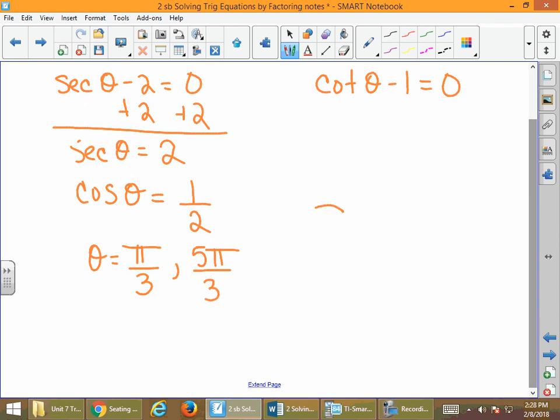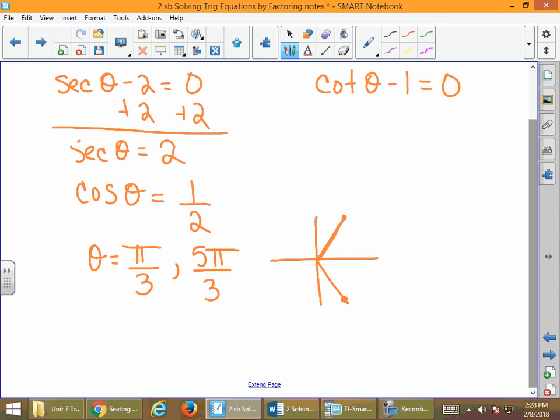Well, if we look at the circle here, and I don't even draw it like that, I just go like this. Pi over 3 is here. 5 pi over 3 is here. Can we draw a straight line from that to that?